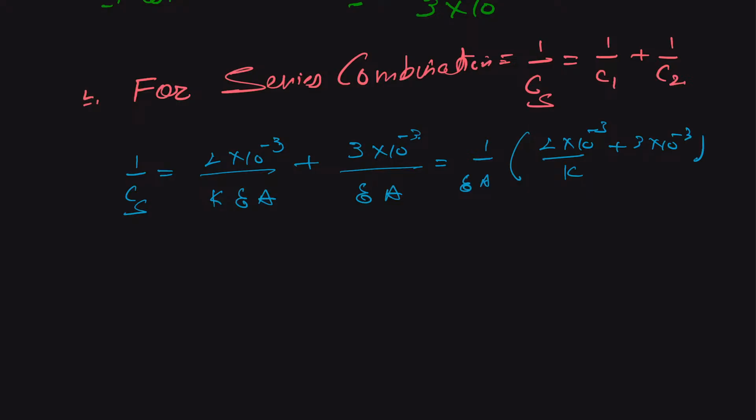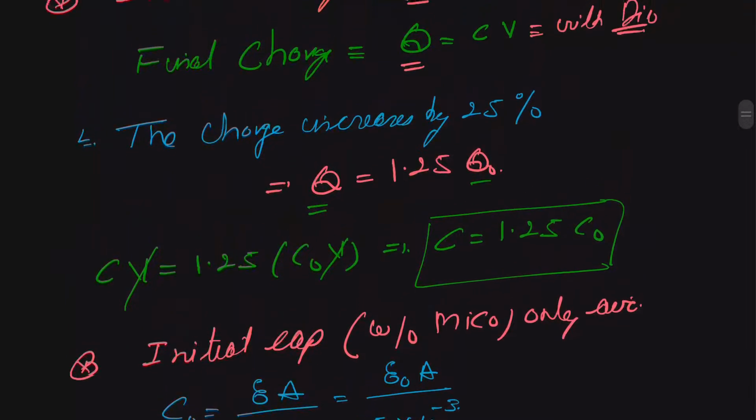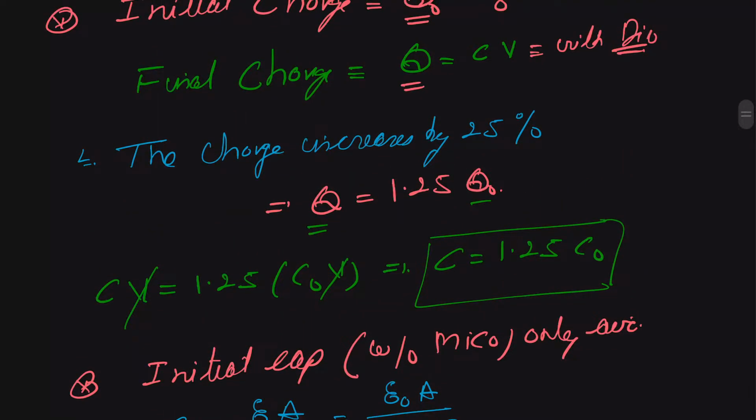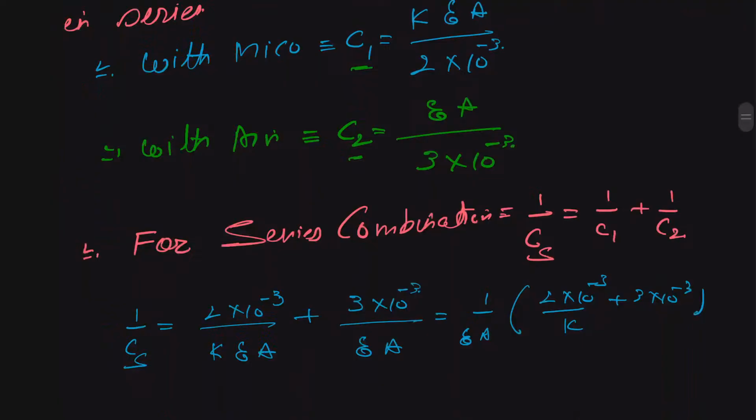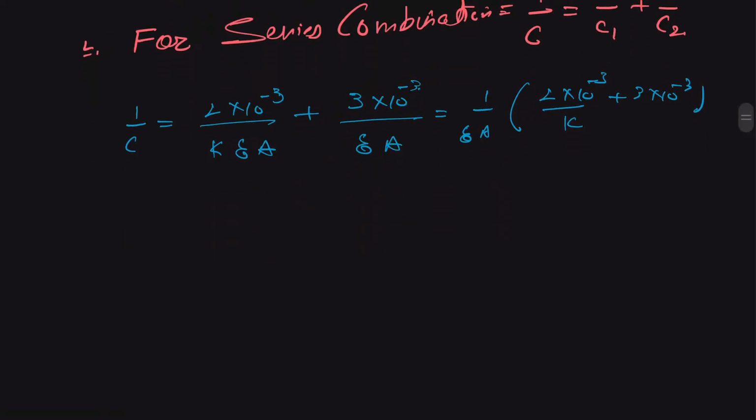Okay, it is C. Let me keep this as C, so this is C with mica. And we already found out that our C is equal to 1.25 times C naught, or we can say that 1 upon C is equal to 1 upon 1.25 C naught, which gives us 0.8 times 1 upon C naught.